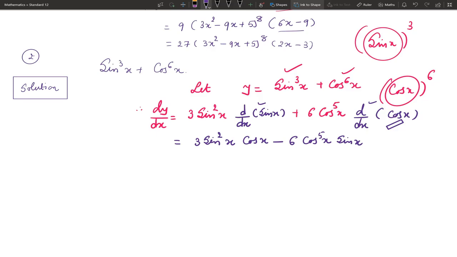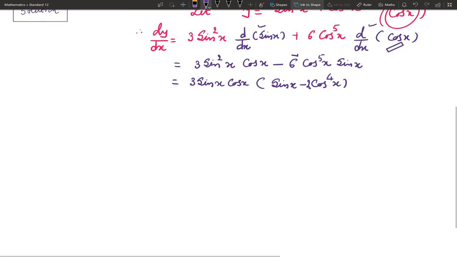So here you can take 3 sin x cos x common. So into bracket sin x minus cos raised to 4x. Here 3 2s are 6, so 2 is remaining. So answer is 3 sin x cos x into bracket sin x minus 2 cos raised to 4x.